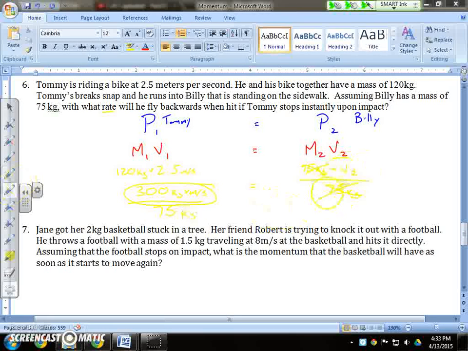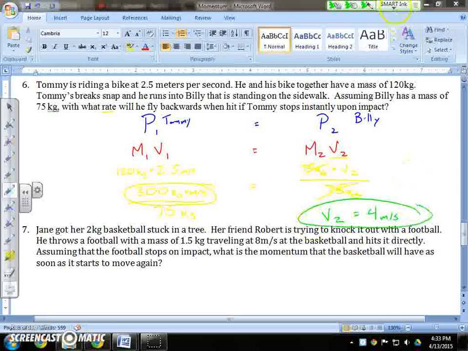That gives us V2: 300 divided by 75 equals 4 meters per second. So Billy ended up flying away at a greater rate than Tommy came in because Tommy had much more mass than Billy's 75 kilograms. Okay, so your final answer there, 4 meters per second.